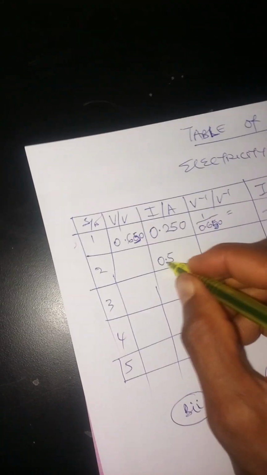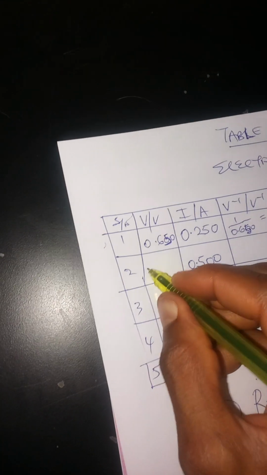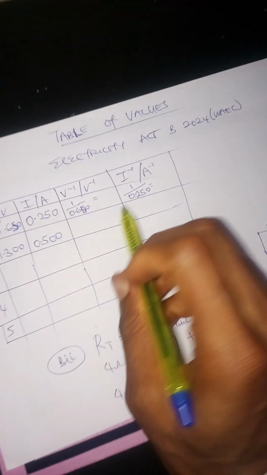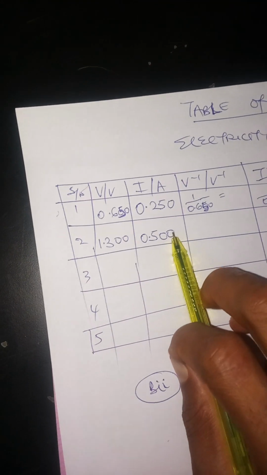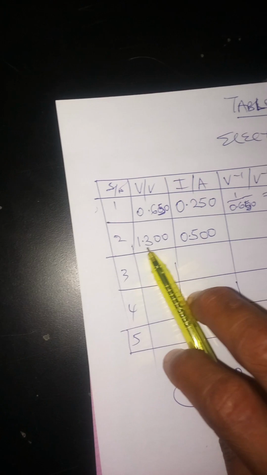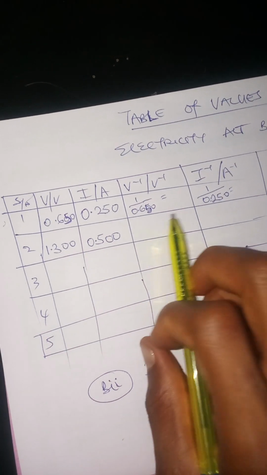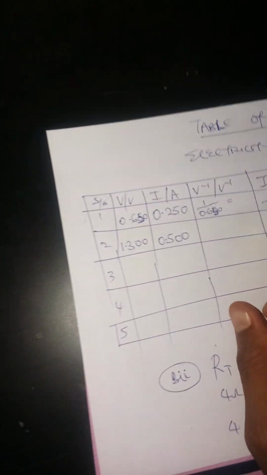Both are increasing. So I have 0.5 on the ammeter and 1.3 on the voltmeter. Then I will take the reciprocals respectively.